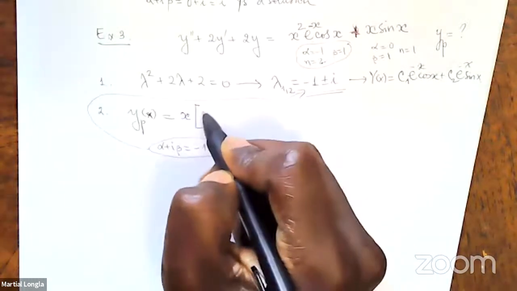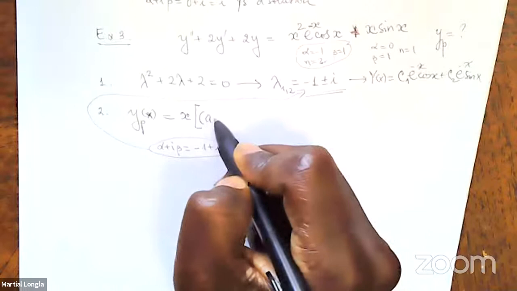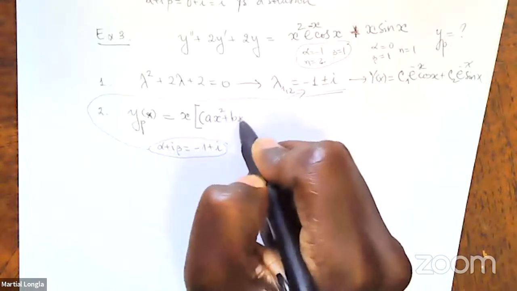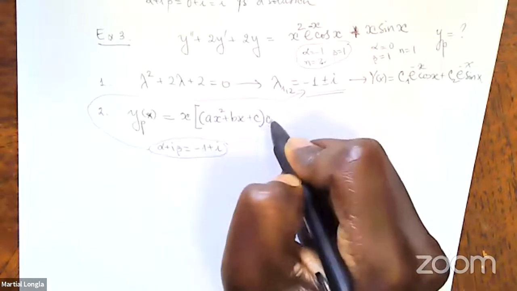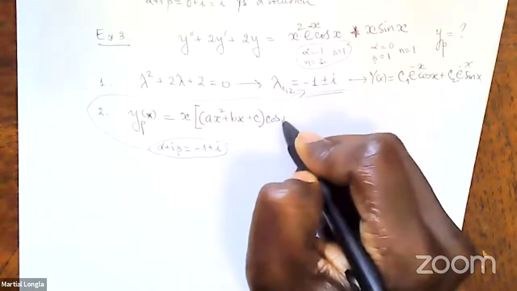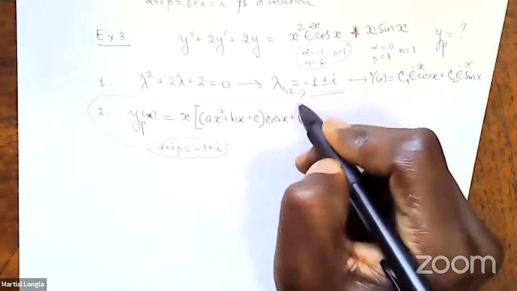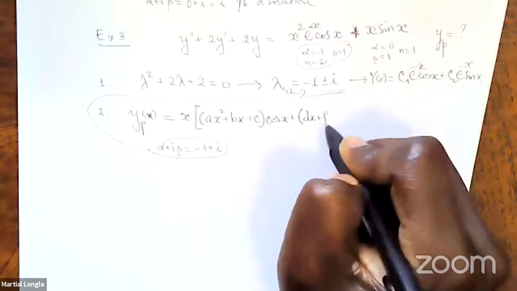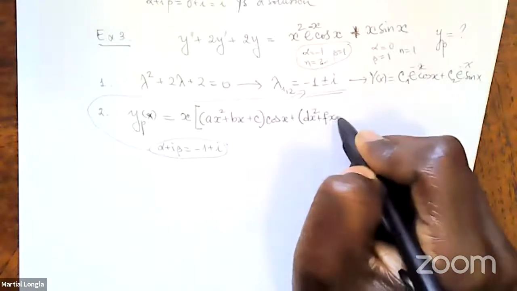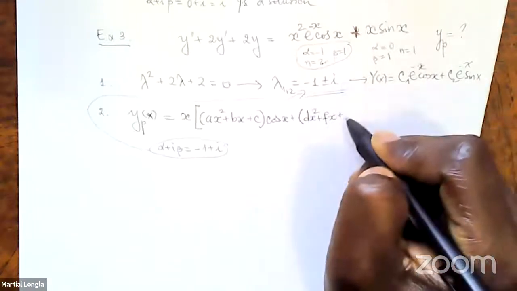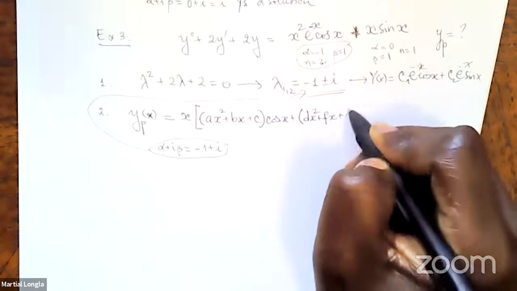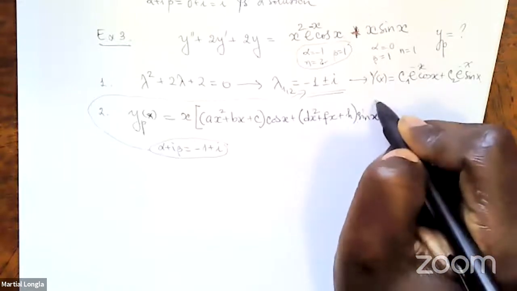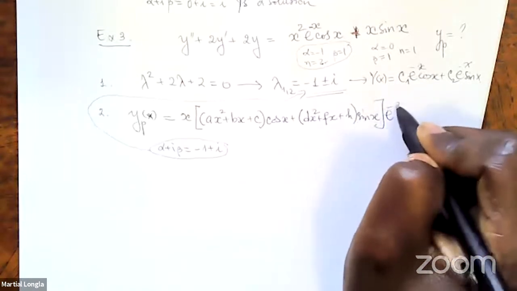So that's going to be (ax squared plus bx plus c) cosine of x plus (dx squared plus fx plus h) sine x, and all of that times e to the negative x.